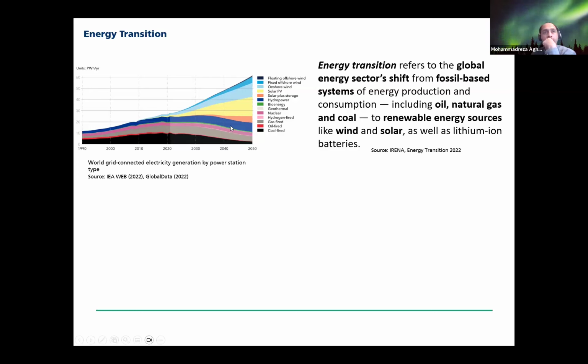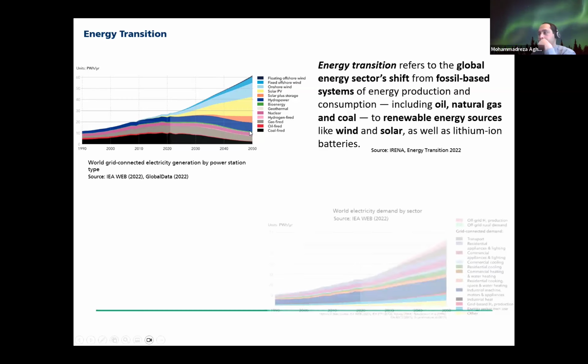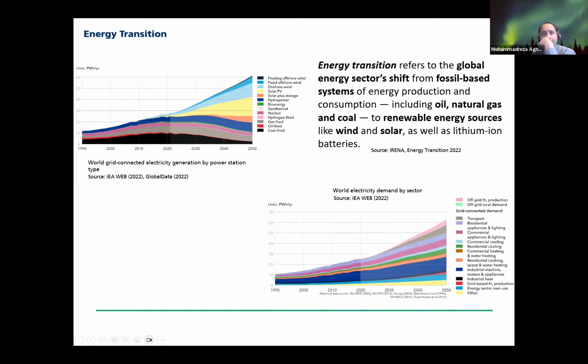From fossil-based to renewable-based, solar energy will be one of the pioneer energy sources for this transition. By 2050, we will need much more energy, and there will be a lot of demand.